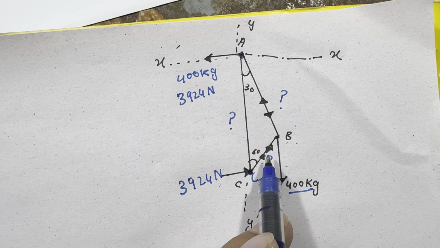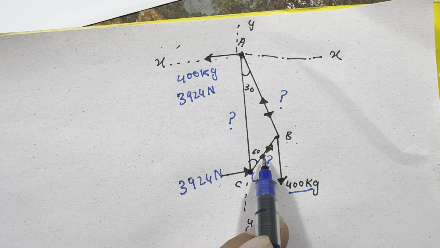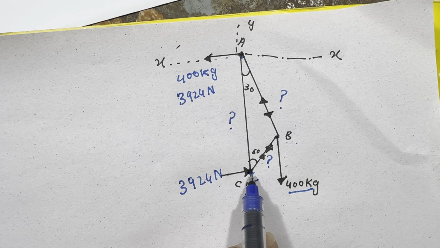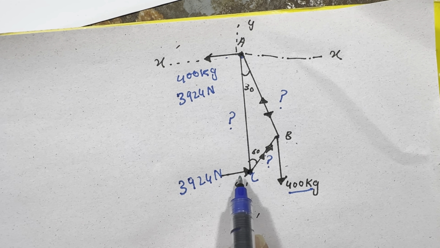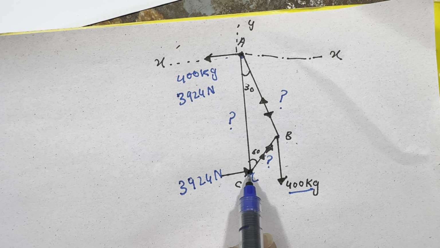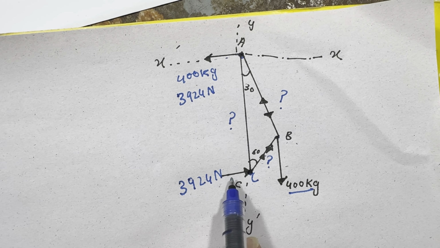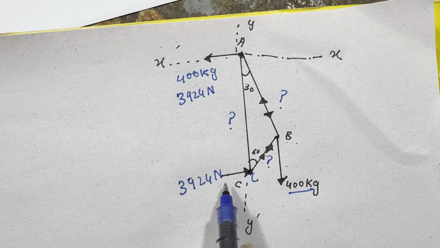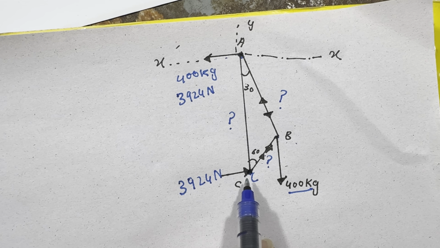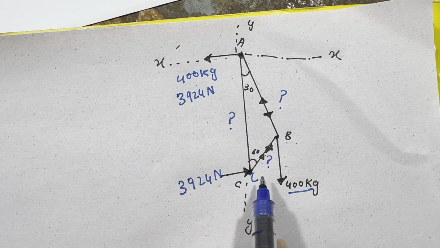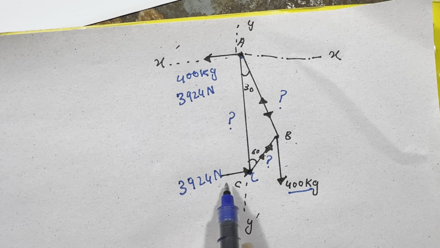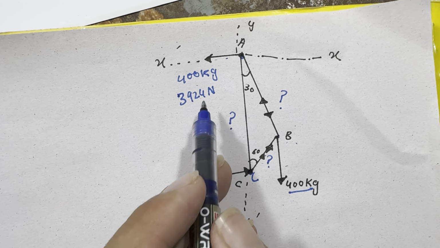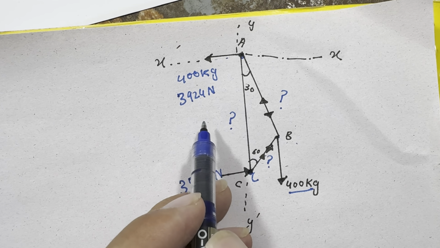So this load will compress this member and this joint, and an equal and opposite reaction force will be exerted at this point. So this reaction force will be in the opposite direction, but its value is also the same.